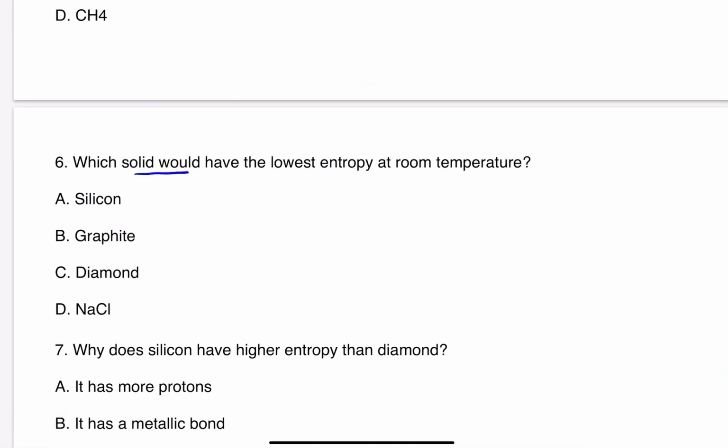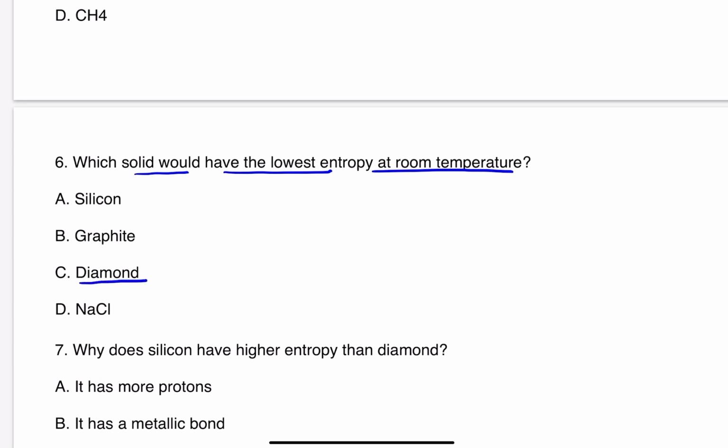Next is, which solid would have the lowest entropy at room temperature? Now, entropy basically, if you go to different materials, we have to decide with the cohesive energy or the lattice energy. So if you just see diamond, it has the highest cohesive energy.